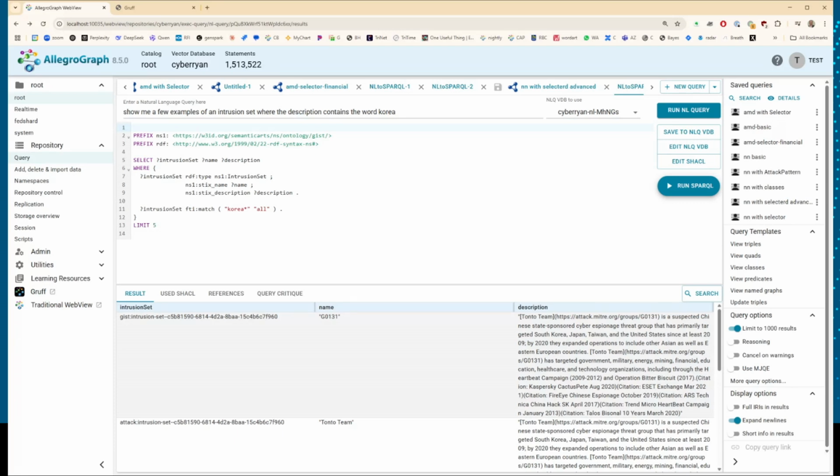So first, what we did is we created a SHACL for the entire database, just for completeness, and then I threw out all the OWL classes, the OWL intersections and OWL unions, etc. I only kept the meaningful classes, right? So now I have a set of SHACL, and I have a database of successful queries where I have the natural language description of the query and the successful SPARQL.